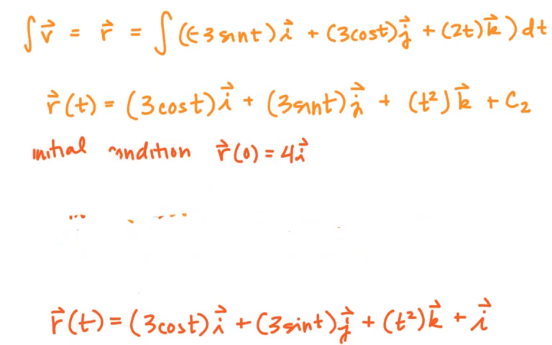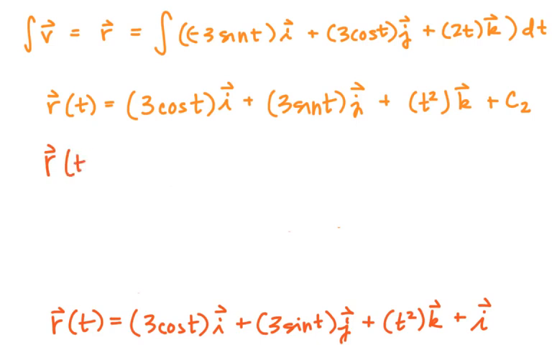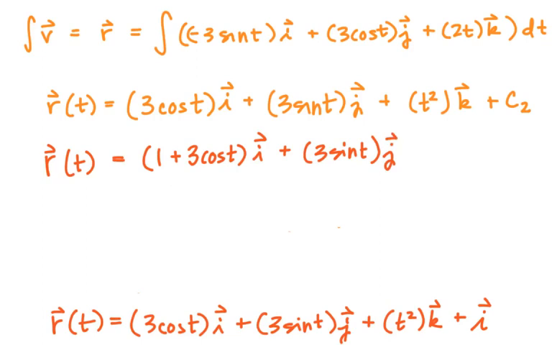I'm going to erase some of what we have done. My r of t function, if I want to simplify this, you'll notice I've got two i values. I'm going to combine those coefficients. So I have 1 plus 3 cosine t i plus 3 sine of t j plus t squared k.